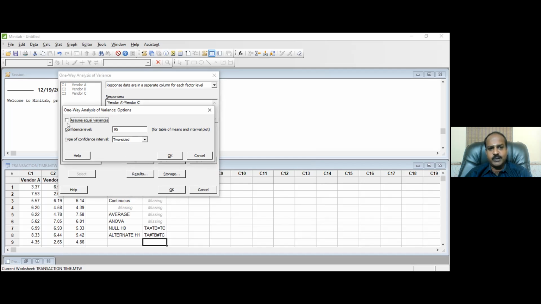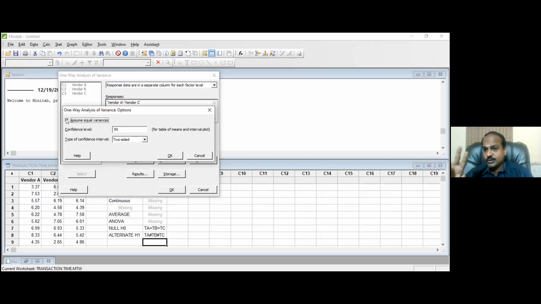Assume equal variances. What is it saying? Are the variances equal or not? No, it is not coming equal. That is why I told you, before performing a 2-sample t-test or ANOVA, you must do a variance test. Remember?